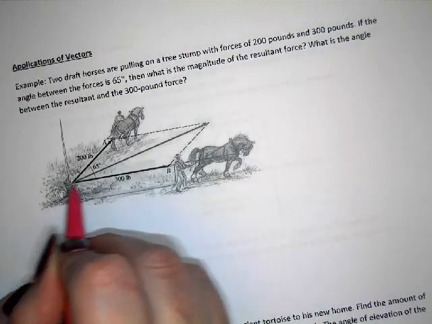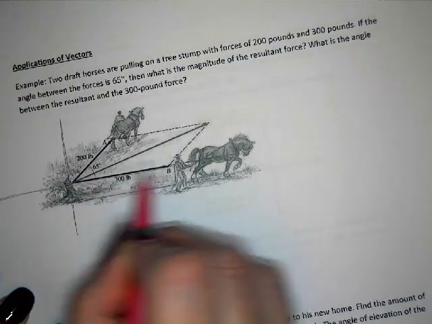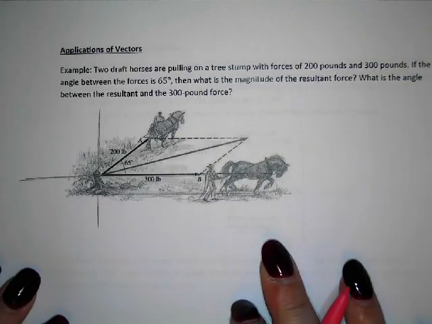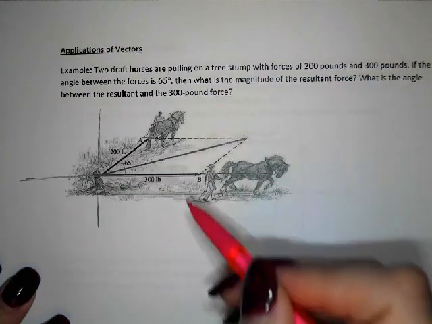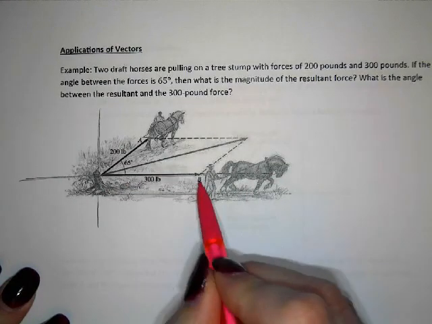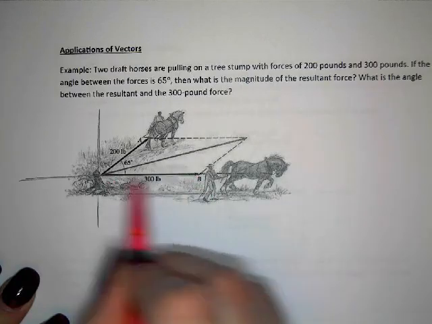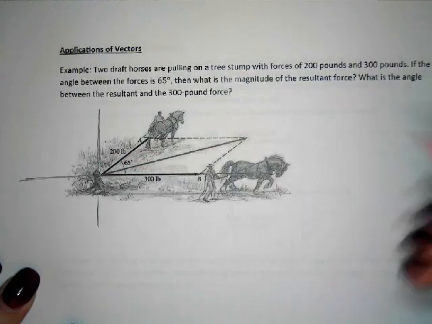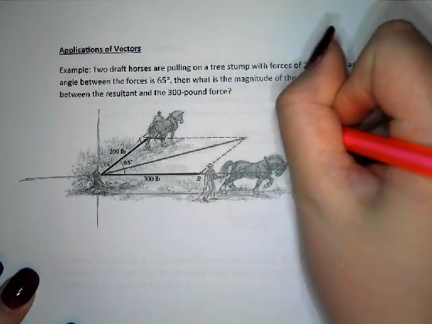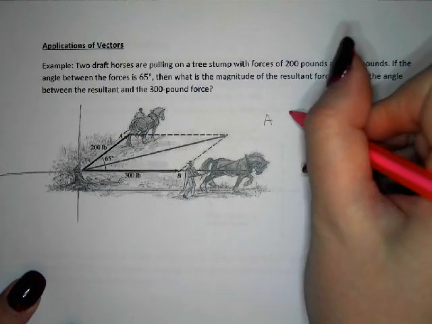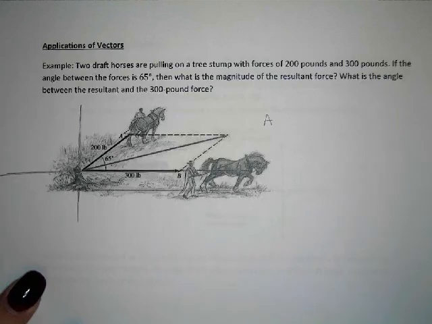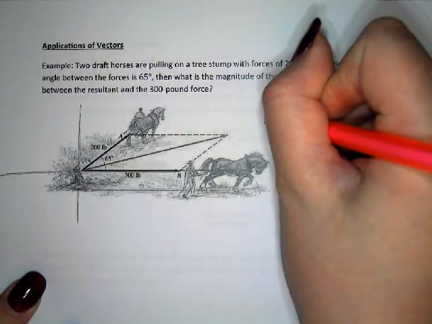So I'm going to write the vectors for B. I'm just going to call this vector B. I'm going to call this vector A. So vector A, and you can write this as the component form with those little sideways V's, or you can write it in the I and J form. It doesn't really matter. But this is our magnitude, 200 pounds. Our angle for A is 65 degrees. You can see from standard position, it goes up 65 degrees.